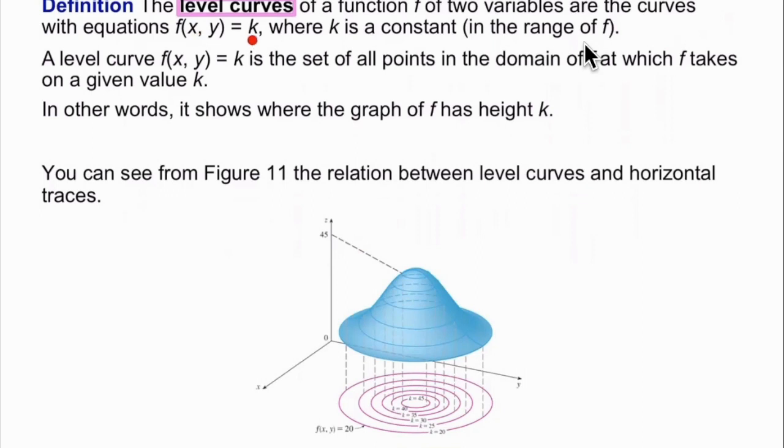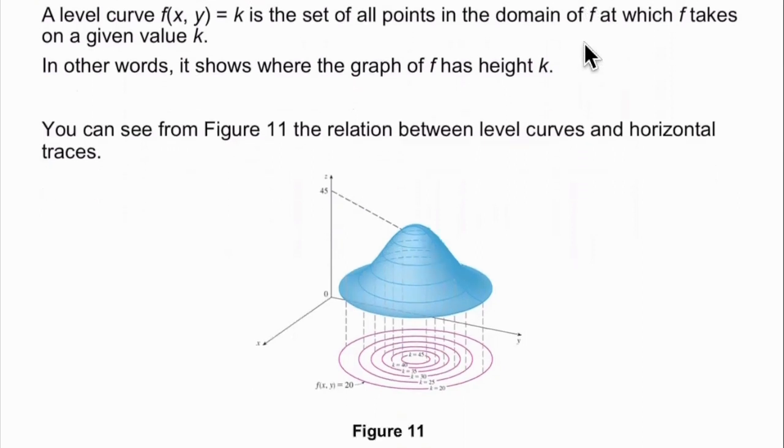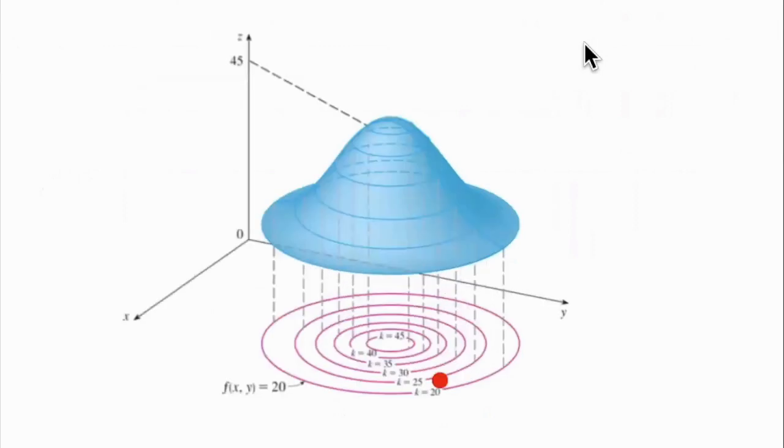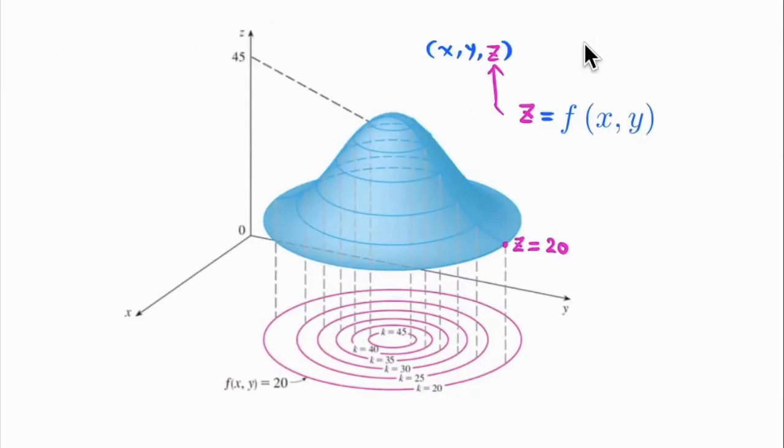a constant. For example, looking at the graph over here, if you set the constant to be 20, so the z coordinate will be 20 for every point on this horizontal trace.